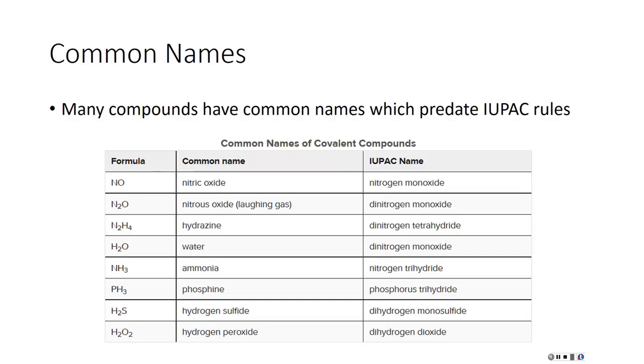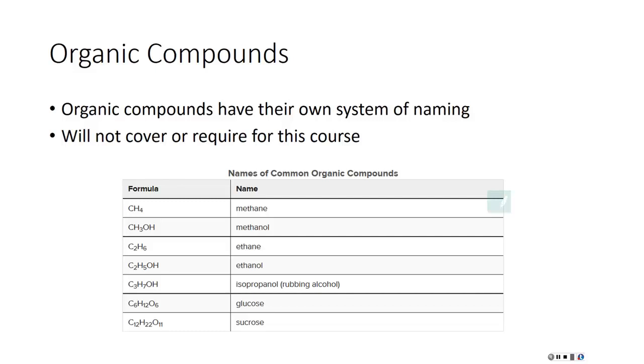If you knew the common name for NO2 and wrote that down, I would accept that. However, I'm not sure any of you would know the common name for NO2. I'm not even sure what it is.